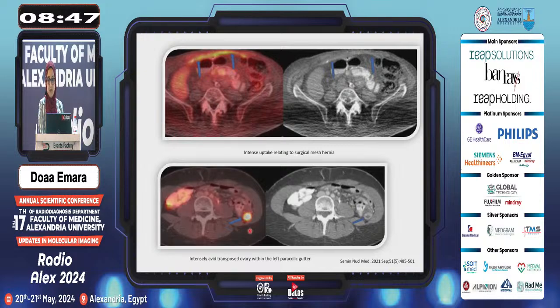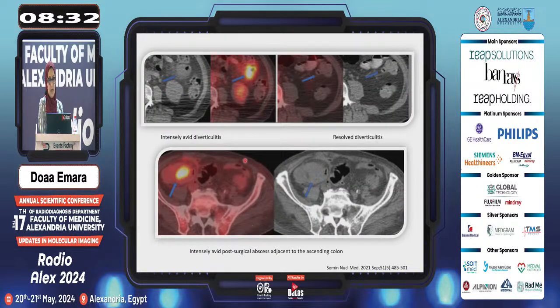And this is an ovary, with transposition of the ovary at the left paracolic gutter showing intense uptake. We have to know these normal structures to avoid false positive results. This case of diverticulitis with intense uptake shows resolution after treatment. And this is an abscess, a post-operative complication.